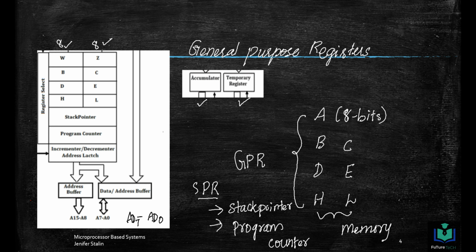The address and data are multiplexed together. So data can also make use of the address buffer, and the range of data and address buffer may vary according to lower order address as well as higher order address.